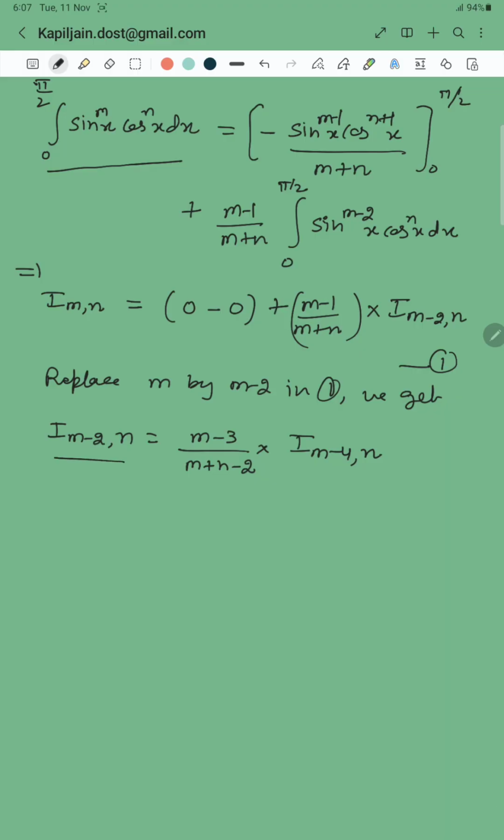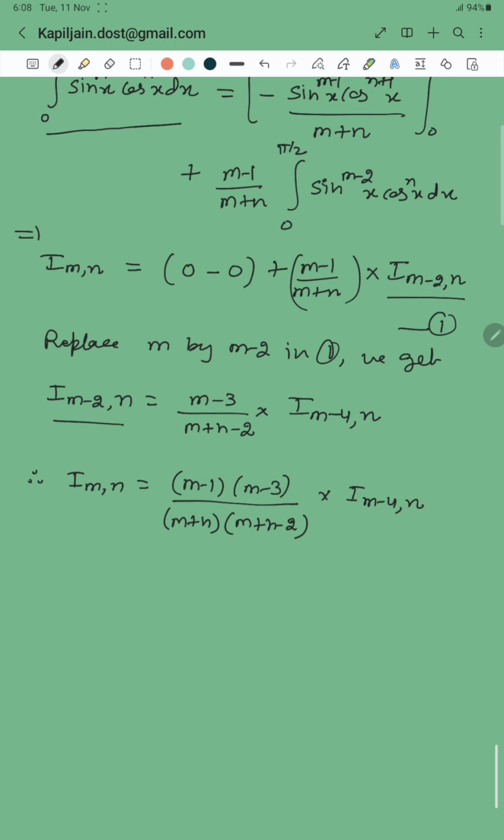Therefore, if we put this value in 1 on the right hand side, we get I_m,n is equal to (m minus 1) multiplied by (m minus 3) divided by (m plus n) into (m plus n minus 2) multiplied by I_m-4,n.